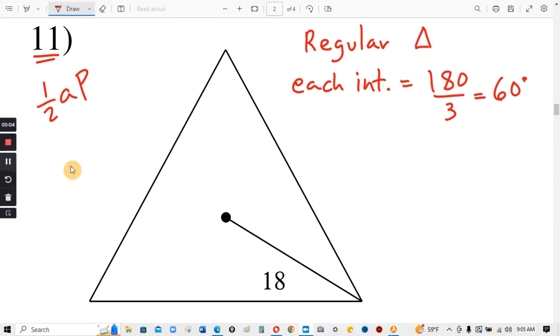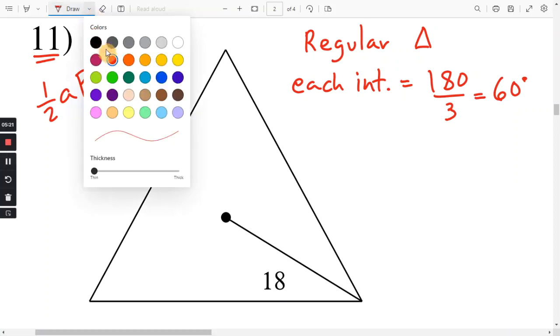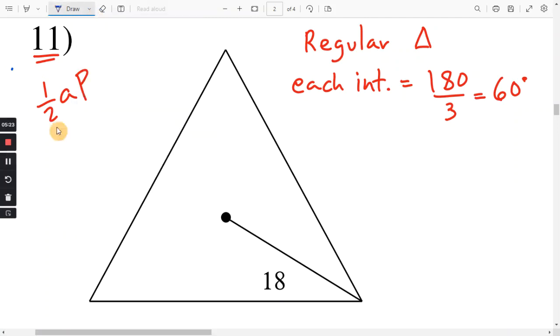Now the formula for the area is 1/2 apothem times perimeter. We have the apothem, but we need each side length to find the perimeter. We said before, and I'll write it out again, that the radius, this right here, when it goes from the center to a vertex, that's a radius.